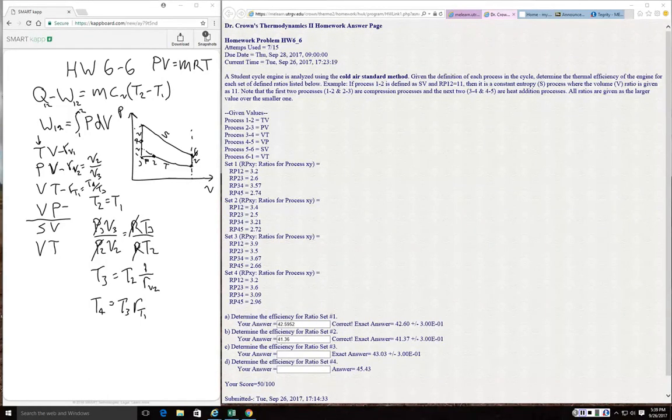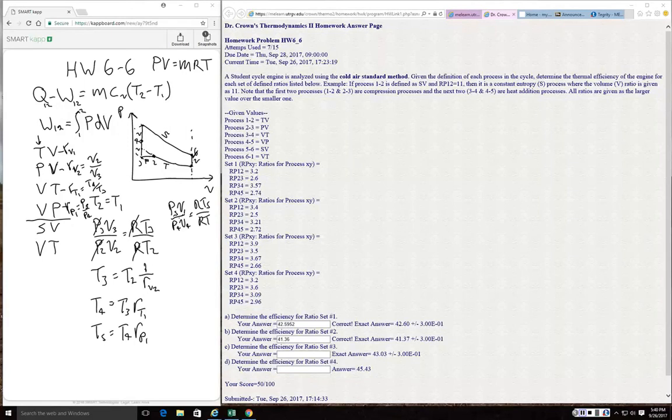And then the next process is a pressure ratio given. So T5 equals T4 times RP1. That one's a little maybe harder to understand. RP1 equals P5 over P4, and I'm going to write over here P5 V4 over P4 V4 equals R T5 over R T4.